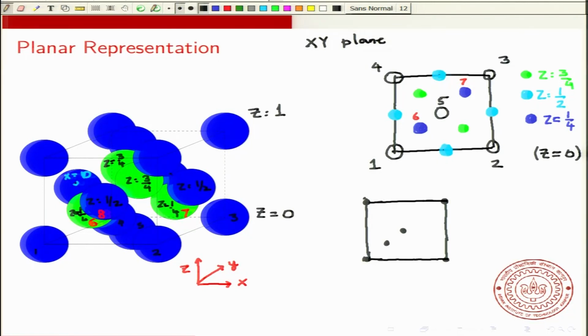Now this point is at 1/4. This point is also at 1/4. Then you have these 4 points at half, half, half, and half, and you have these 2 points located at 3/4.